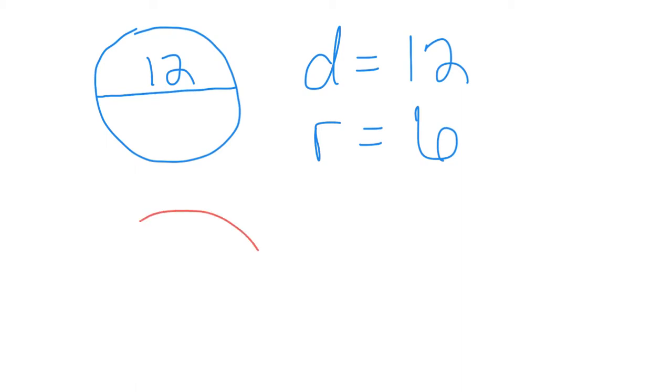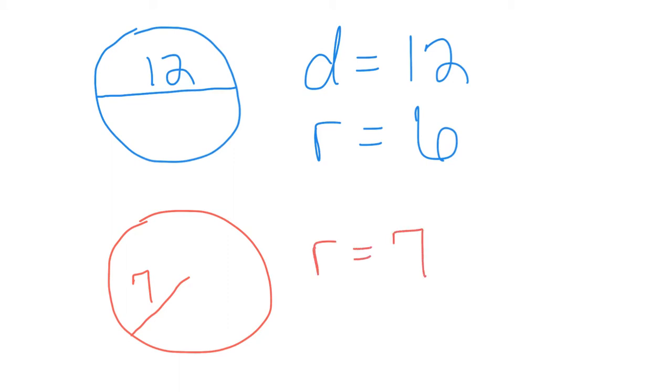All right. If I give you this one and label it as a 7, what information have you been given? Lewis? The radius. So if the radius is 7, how would you find the diameter?